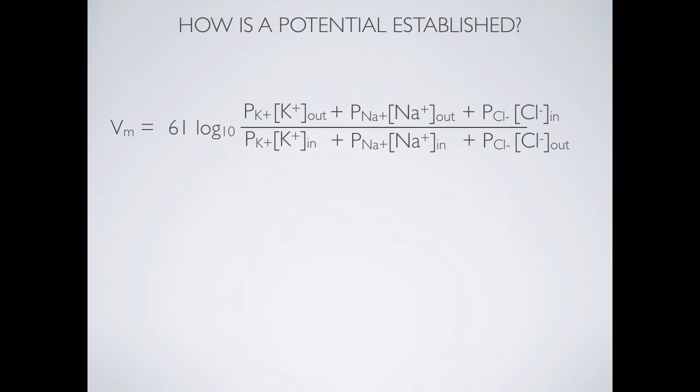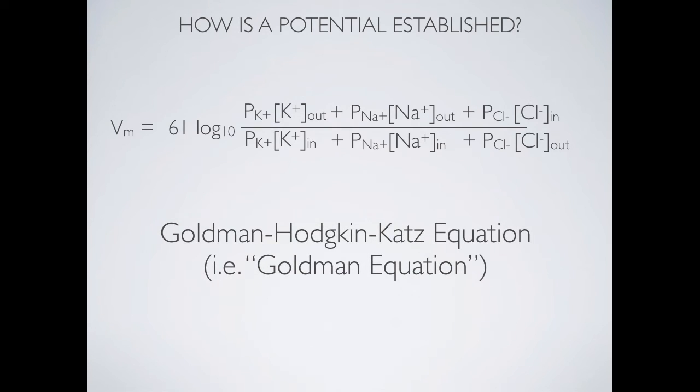We'll see when we talk about muscle cells, especially smooth muscle, calcium's a big player. But for neurons, these are the big players. So this is no longer called the Nernst equation, it's called the Goldman-Hodgkin-Katz equation, shortened as the Goldman equation. We'll give Goldman most of the credit.